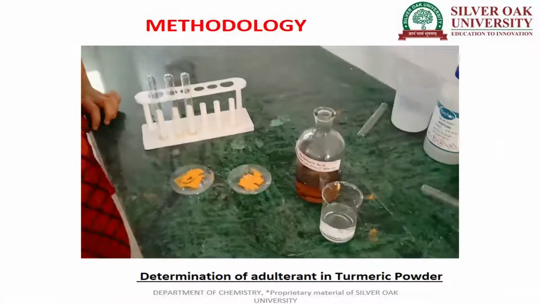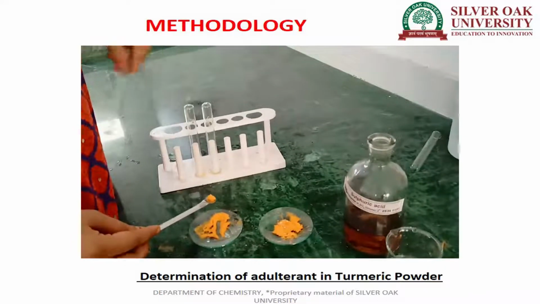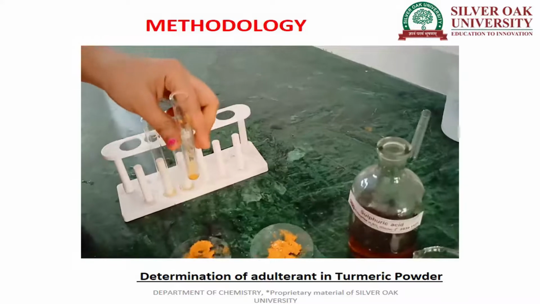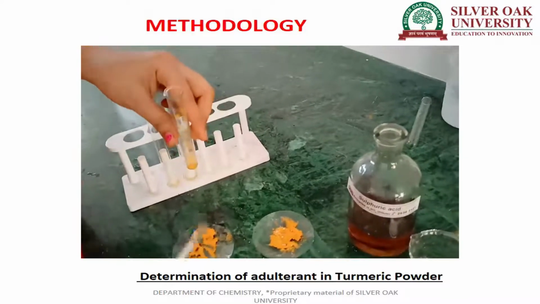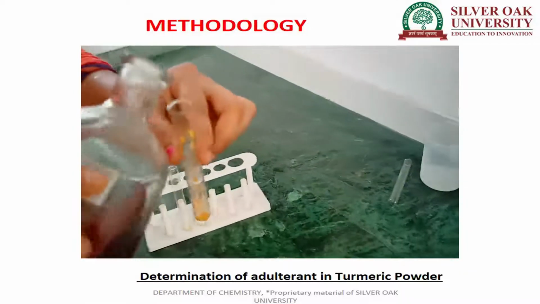Test the presence of metanil yellow. Again we will take a sample of turmeric into the test tube. To this sample we will add sulfuric acid.